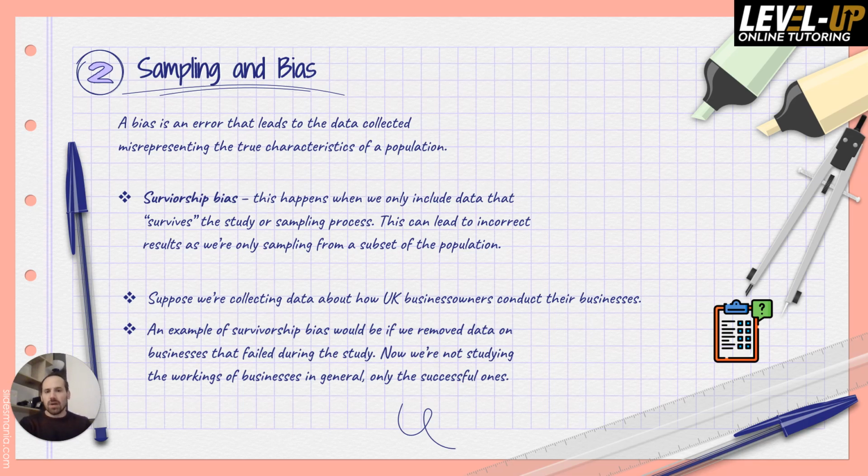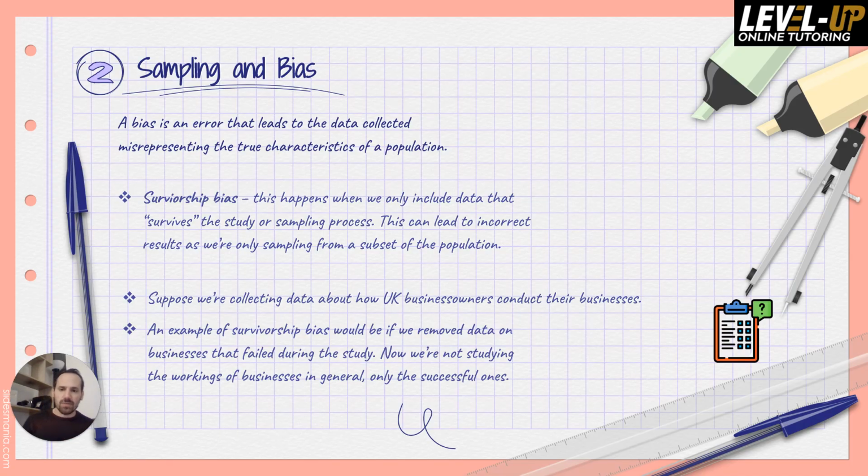An example of survivorship bias would be if we remove data of businesses that failed or closed down during the study, because maybe we couldn't get a full set of data on that business, so we delete that data and stick to the ones where we have a full set of data. That would be a survivorship bias because we're now not studying businesses in the UK in general, are we? We're only studying the ones that are successful over that time window. We're not looking at the practices of the ones that don't work out so well.